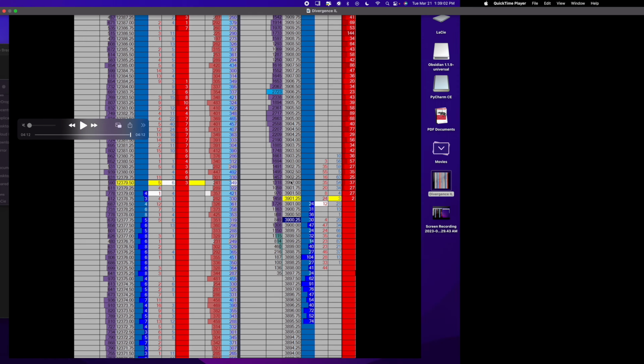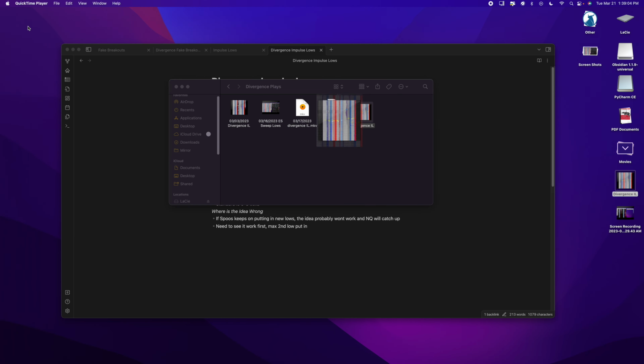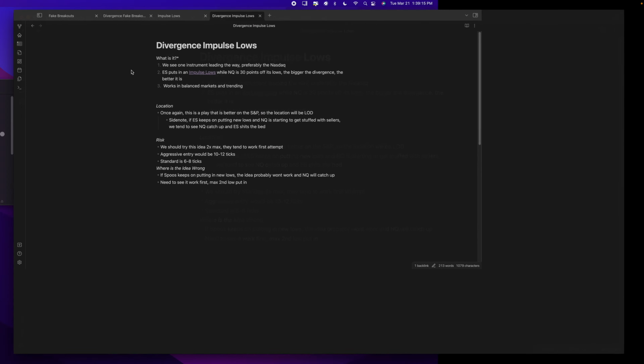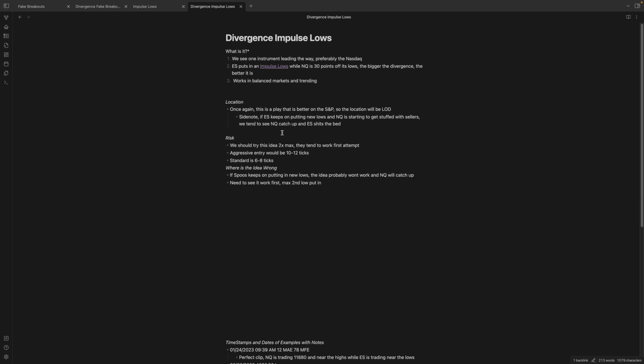But yeah, so this is just a few examples. I'm currently cutting and adding some more, but just a quick little recap of how I personally play them. For divergence impulse lows, I like to see the NASDAQ being stronger with ES putting in a new low. I tend to try these ideas twice.